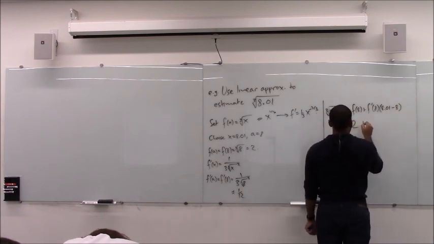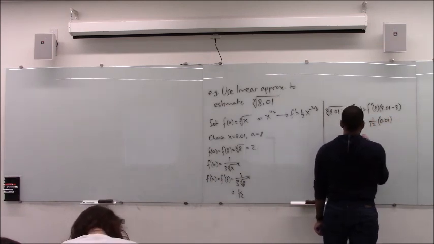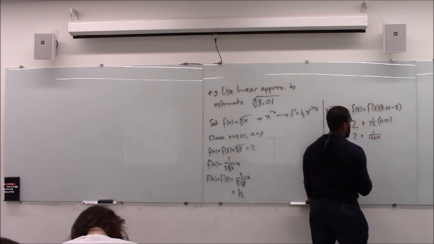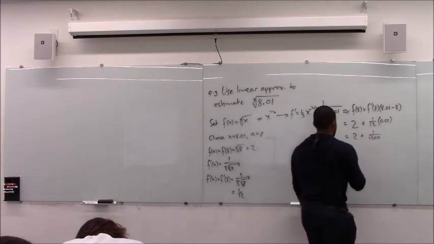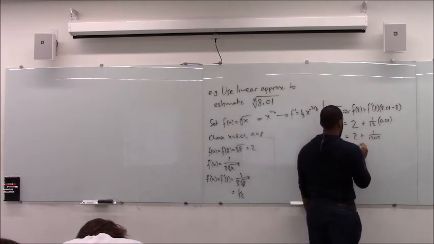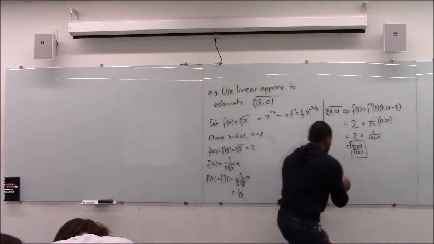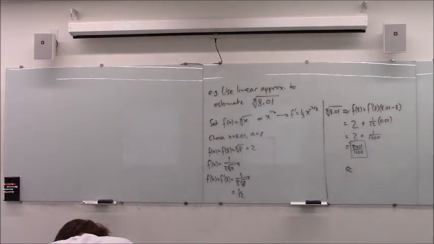It's going to be 2 plus 1 over 12 times 0.01. 2 plus 1 over 1200, because that I can just think of as 1 over 100. That's 2400 over 1200, so that's 2401 over 1200. And that would be our guess, that would be our answer. Did everyone get that?